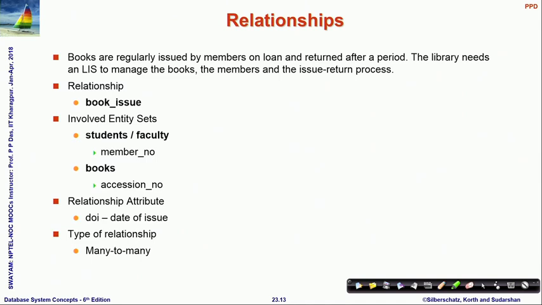Though I am noting it here as a single relationship, actually there is a relationship of issue between students and books, and between faculty and books. We will have to see how to handle this kind of situation. Now, the students or faculty are identified by the unique member number of the library.